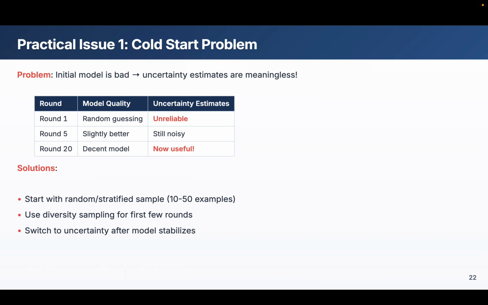So the way to think about this is to have enough samples across all classes labeled initially. If I have a 10-digit classification, I'll probably get the human annotator to label at least 10, 20 examples across each class. And then the model will be reasonably good to then give better uncertainty estimates, which would then be used for active learning.